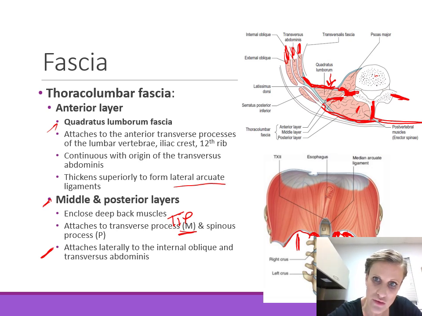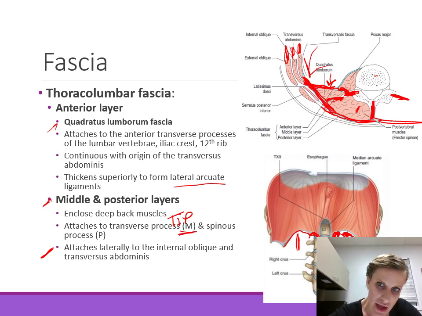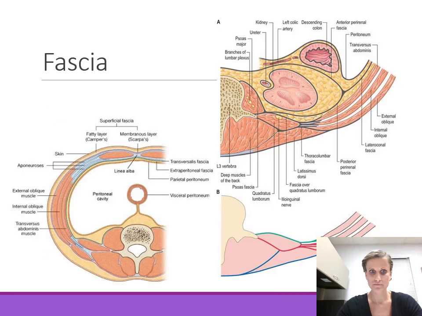So if you look right over here, you'll see how all of these layers, the anterior, middle, and posterior, start to come together here. And then you can see the origin of the transversus abdominis, and just superficially the internal oblique.